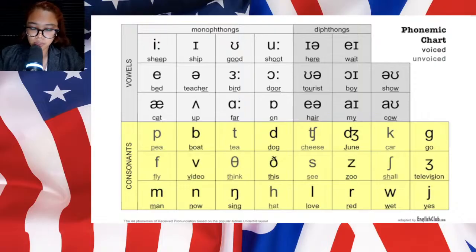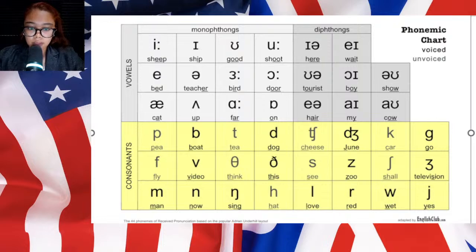Let's move on to diphthongs, which is again a gliding vowel sound. There's a combination of two vowels here. Let's start with this one. Here. Wait. Tourist. Oi, boy.